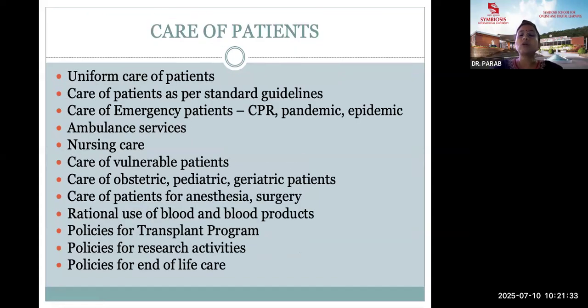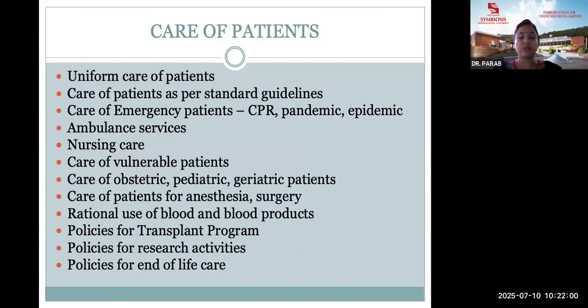So coming to the COP chapter, from the name itself, you can make out care of patients, right? So it's a hardcore clinical chapter, which covers all of these standards. There are different standards for each of these care settings. So the first is a kind of a blanket standard which talks about uniform care of patients.